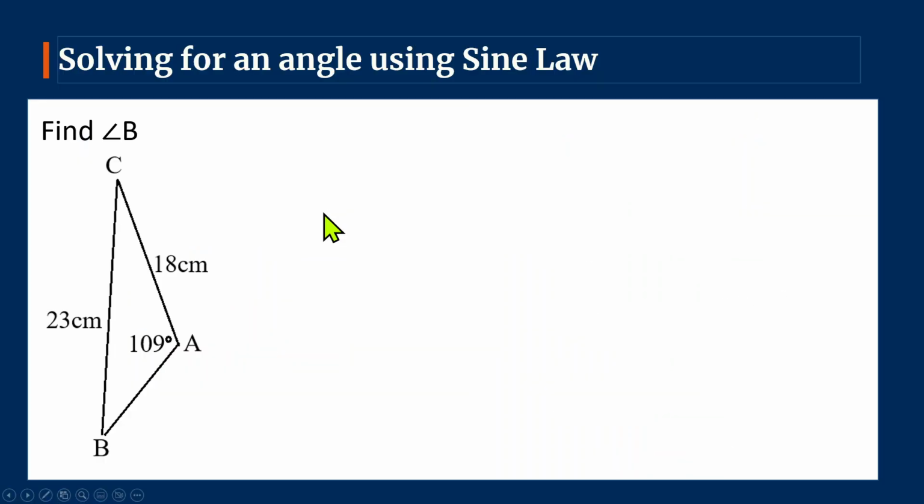So now look at this question. It says find, what does that say? So just in case you haven't seen this before, there's a symbol here in front of B. Now we know that that capital B means angle B. Capital means angle. But just want to draw your attention to this symbol. That symbol means angle.